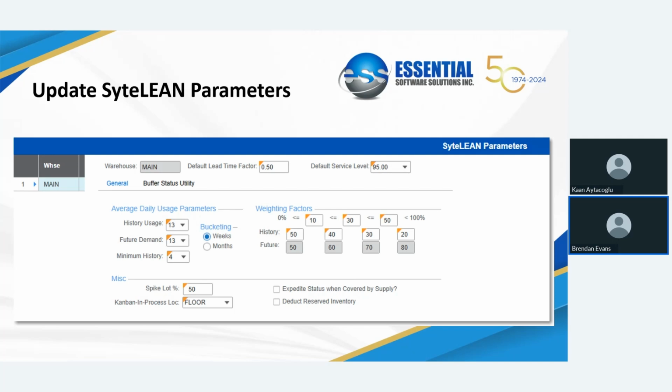How do we blend that? How do we determine what our average daily usage is for the SyteLean lean management buffer calculations? Well, 100 units per day historically, and a future plan for 135 units per day based on customer orders. Sorry, I said forecast. It's actually actual orders, as I said before.